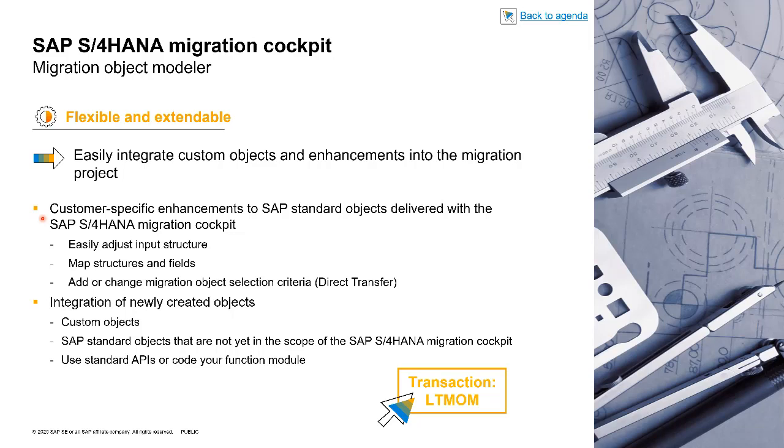You can do your own mapping between structures and fields, and you are also able to influence the selection criteria. If you say, okay, running a selection on company code level is not sufficient for me, I need also to check a different field or a deletion flag or whatever, then you can also influence this selection in the migration object modeler.